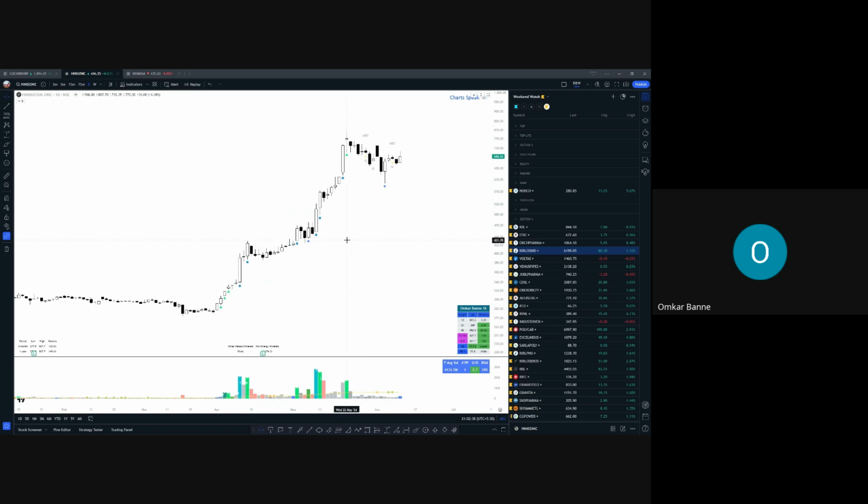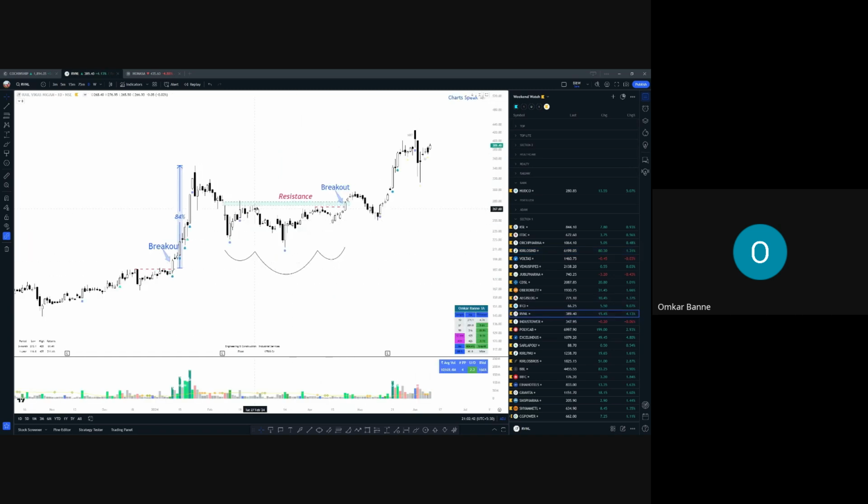I did that with the entire railway sector when they were setting up here. So I thought let them have some more time. At this point I was actually looking at them seriously, but I did not take any entry because none of them were giving me my kind of entry. I missed the entire move in these railways. I was able to capture only this, but here I missed.